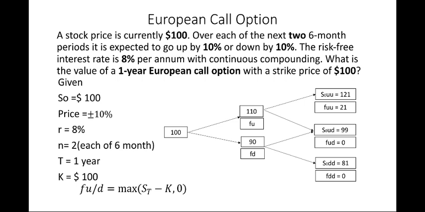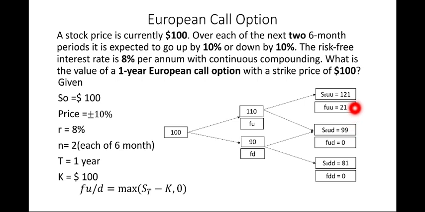As you can see here, I have put a nomenclature UU, that is two times upward movement, where U stands for upward. In the case of S0UD, there is one upward movement and one downward movement, so it is UD, and here two times downward movement, so SDD.